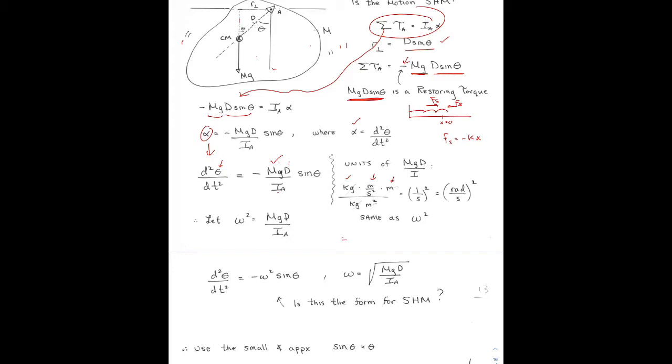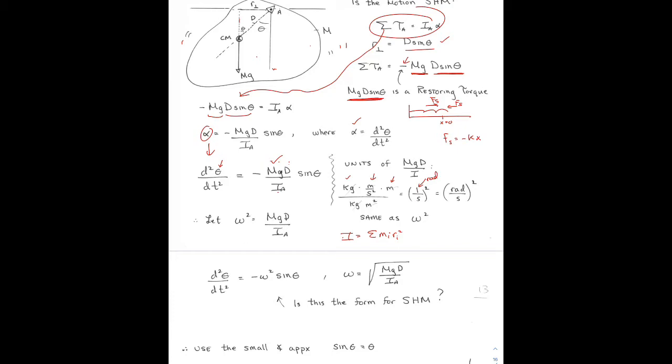For point masses, I is the sum of m r squared, so the units of I are mass times distance squared, kilogram meter squared. So the kilograms cancel, the meters cancel, and you're left with 1 over seconds squared. And I wrote the word radian in the parentheses for free because it's a dimensionless quantity.